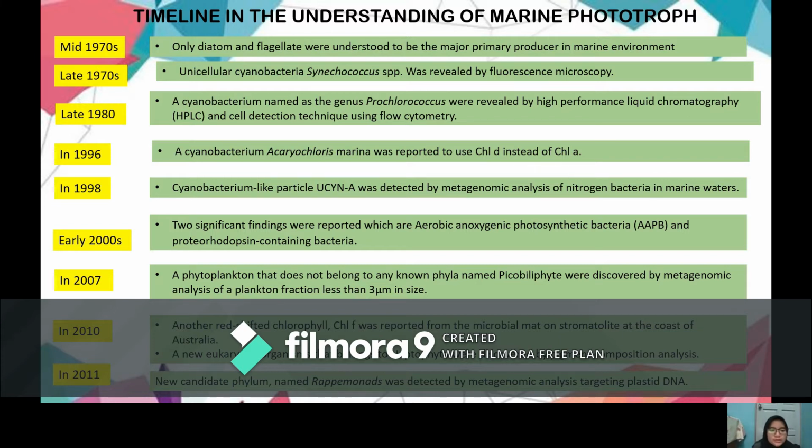In 2007, a phytoplankton that does not belong to any known phyla, named Picobiliphyte, was discovered by metagenomic analysis of the plankton fraction less than 3 micrometers in size. In 2010, another red-shifted chlorophyll f was reported, and new eukaryotic organisms belonging to Haptophyta were discovered by pigment composition analysis. And in 2011, the new candidate phylum named Rappemonads was detected by metagenomic analysis targeting plastid DNA.